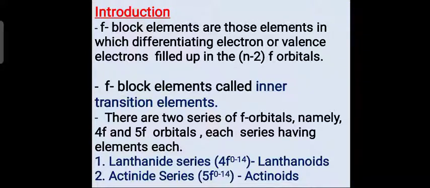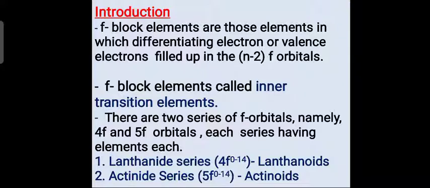In order to have 5f, 7 minus 2, the principal quantum number n is 7, so you get the 5f series. F block elements are also called inner transition elements. There are 2 series of f orbitals, the 4f and 5f series.